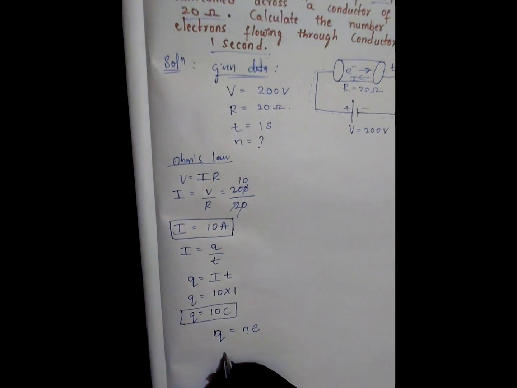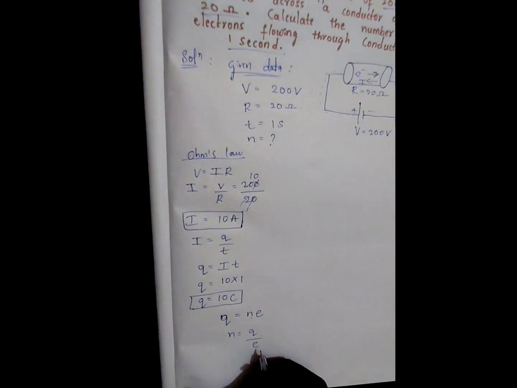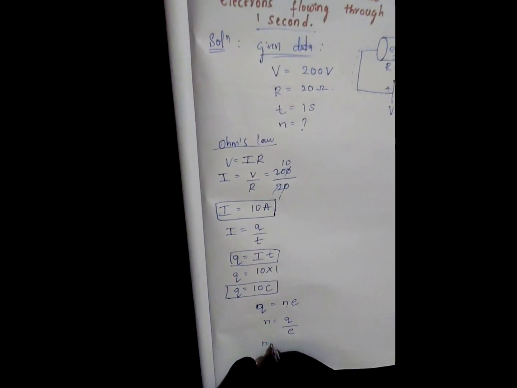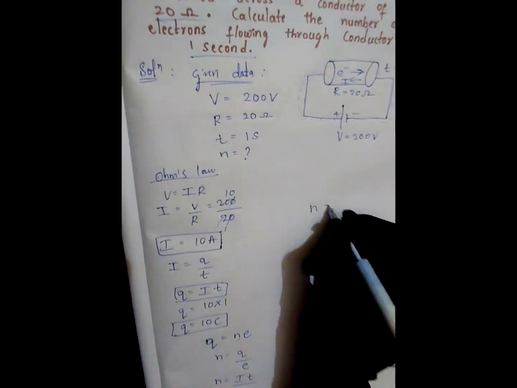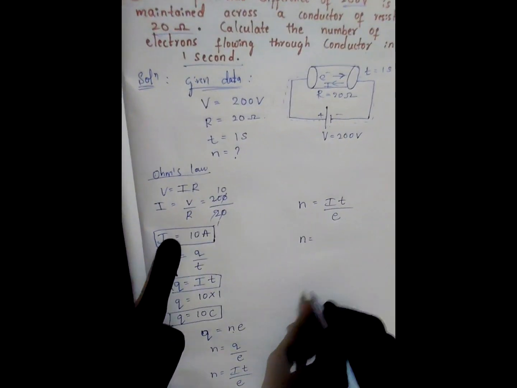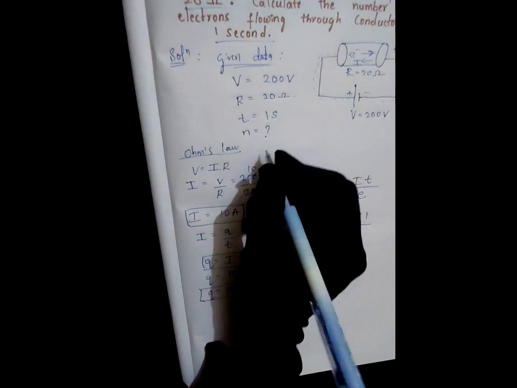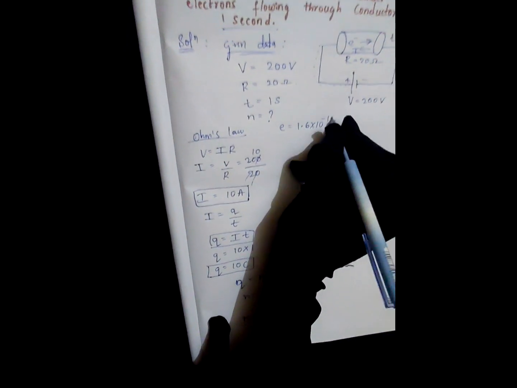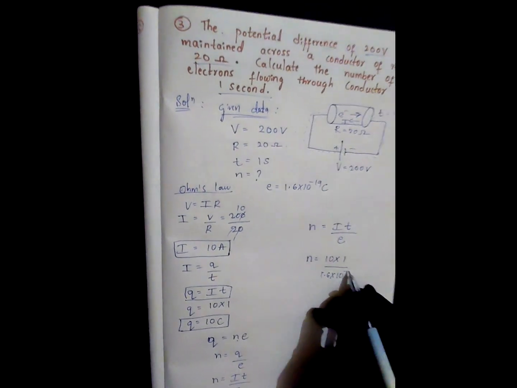So Q equal to nE, then n equal to Q divided by E. Then the Q value is I into T, so n equals I into T divided by E. Then substitute the values of I, T and E. n equal to I value 10 into T value 1 divided by E, the charge of an electron, which is 1.6 into 10 to the power minus 19 coulomb.